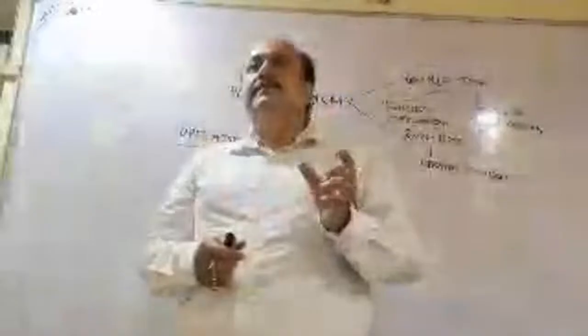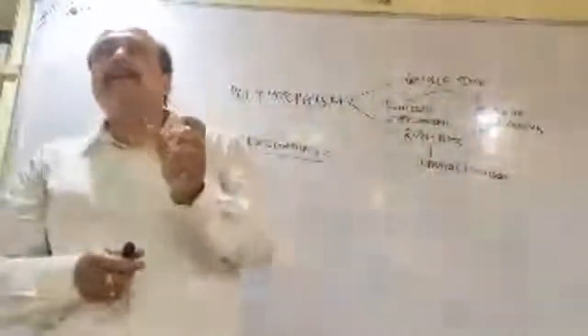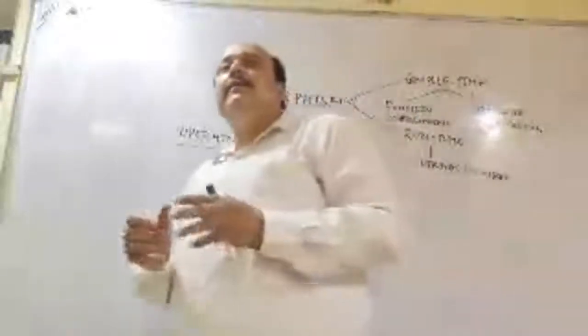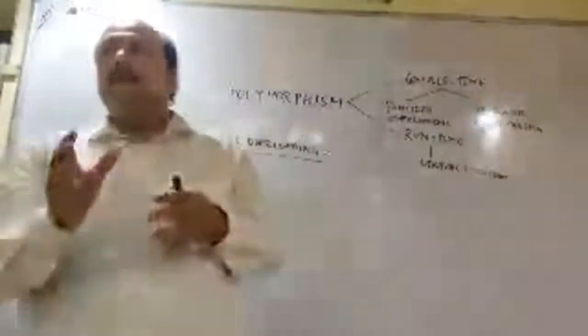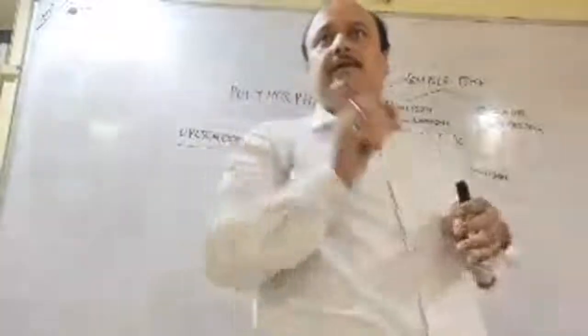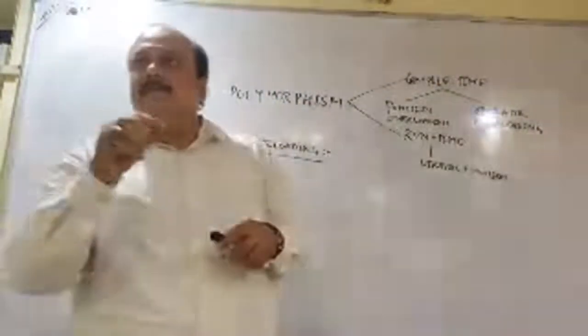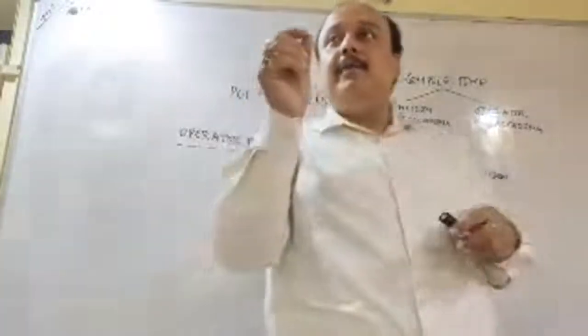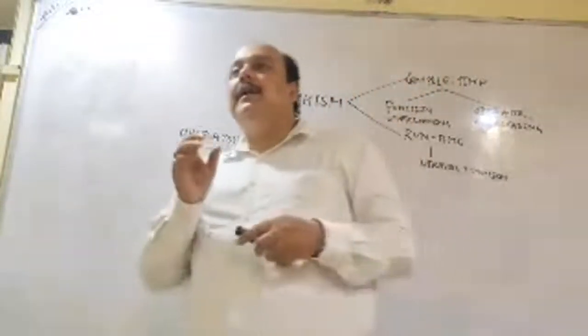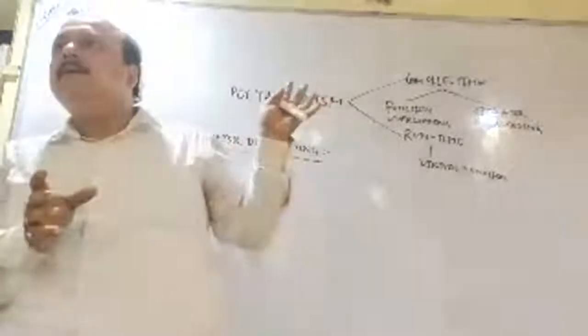Whenever you take two arguments, or three arguments, your compiler takes a decision by checking how many arguments you are passing to the particular function. That is one basis in function overloading.